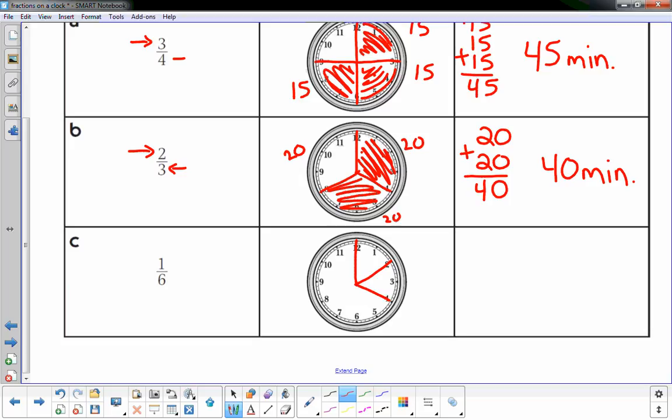So it's basically all the even numbers, starting at the 12. Those are each 10 minutes, and I'm going to shade in one of them, because the top number represents how many of those are shaded in. That's 1/6. That's 10 minutes. I don't really have to do any adding because it's just one of them, 10 minutes.